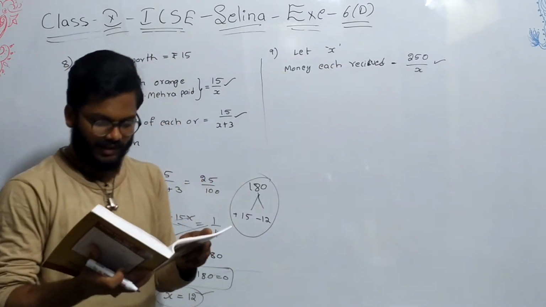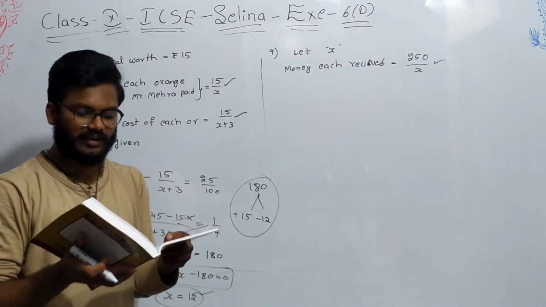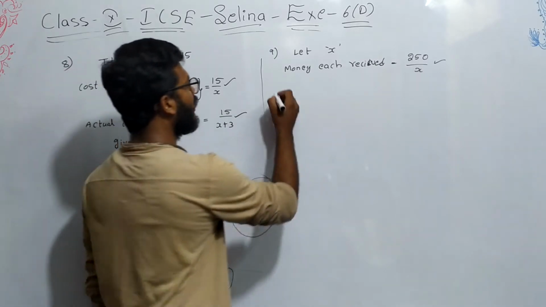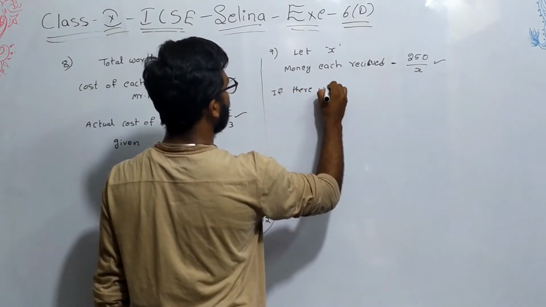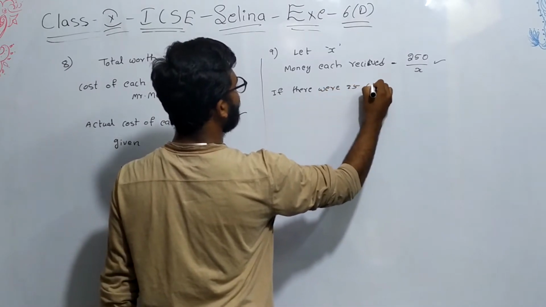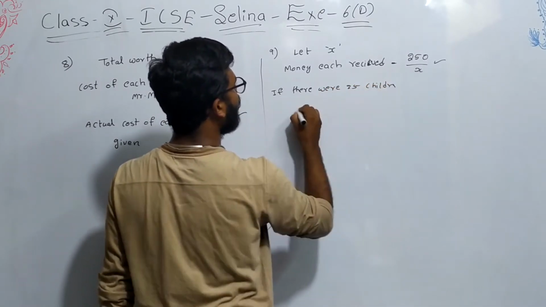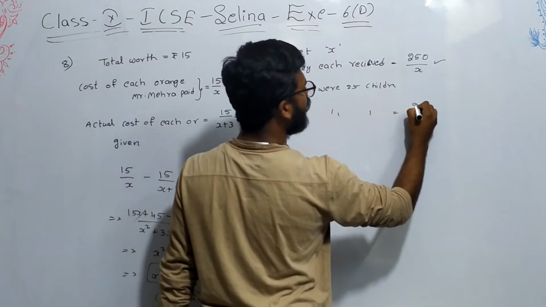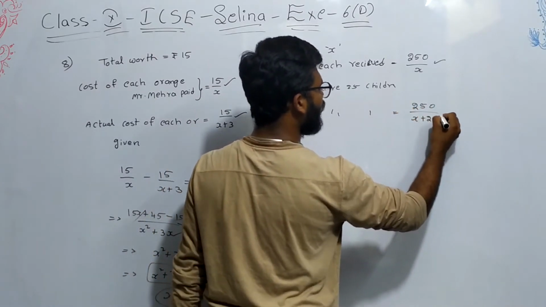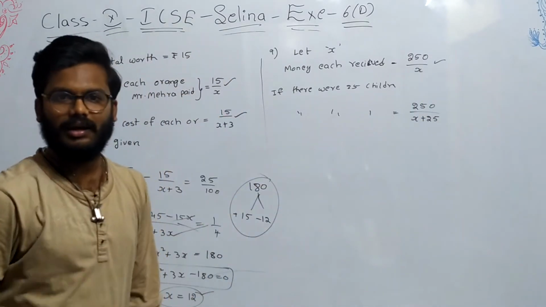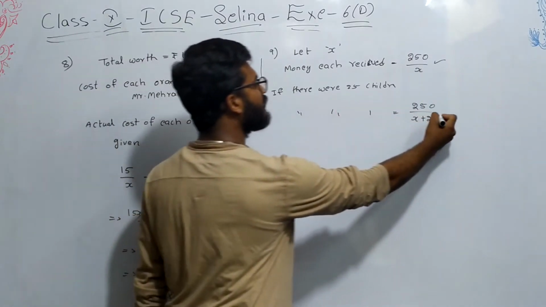And what they are telling, if there were 25 children more, what will it become? The money each will receive is equal to 250 by x plus 25, right? Total money by the number of children.